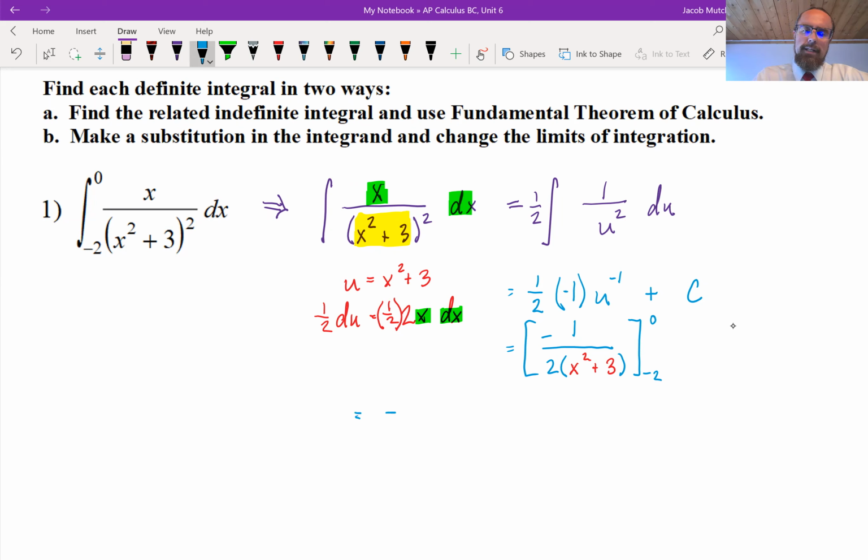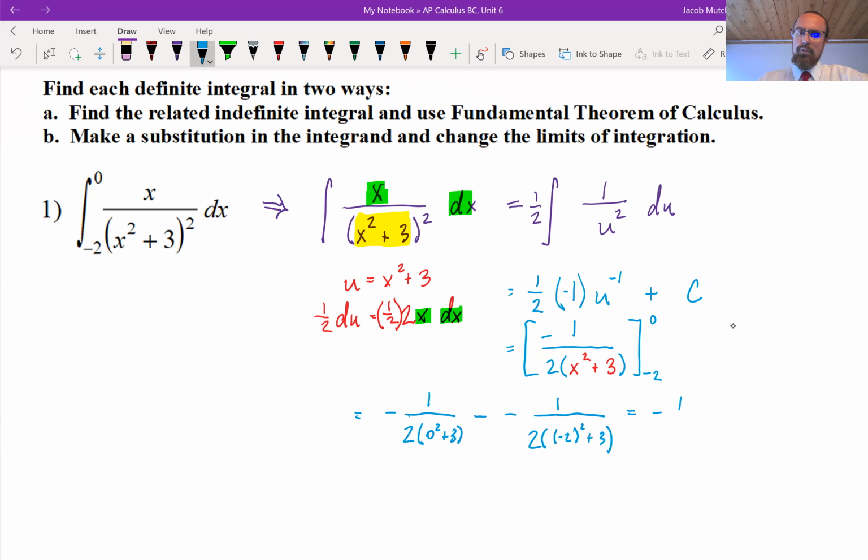So we'll do those calculations. This is going to become -1 over 2 times (0 squared plus 3) minus -1 over 2 times ((-2) squared, put that in parentheses, plus 3). And then we want to evaluate. So down below, I've got 2 times 0 plus 3 is 6.